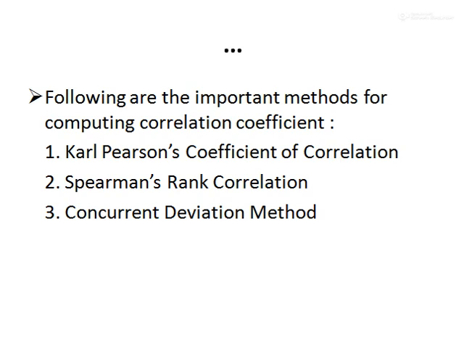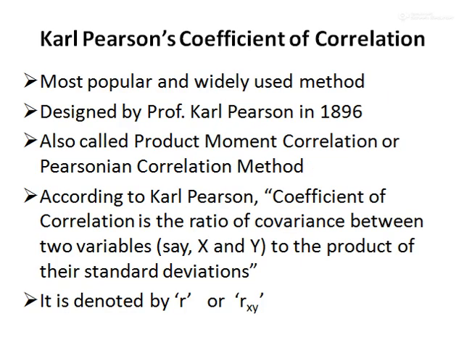And the third is concurrent deviation method. These are the 3 important formulas which are used for computing the coefficient of correlation. Now let us study the first one, that is Karl-Pearson's coefficient of correlation.